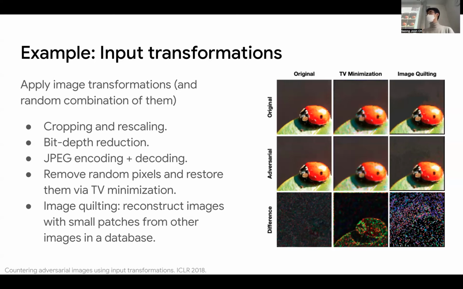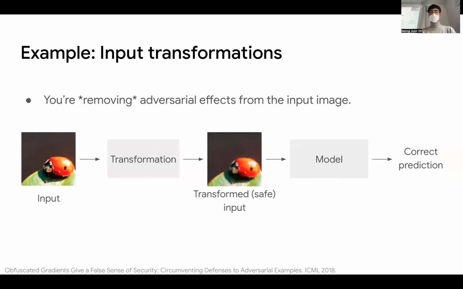You're rebuilding the image by using patches from other images that contain a similar patch to what you're looking for. So in a sense, you're doing some kind of collage. Given input, you do transformation, and then there's a safe input, and you give that to the model, and ideally that leads to a correct prediction.